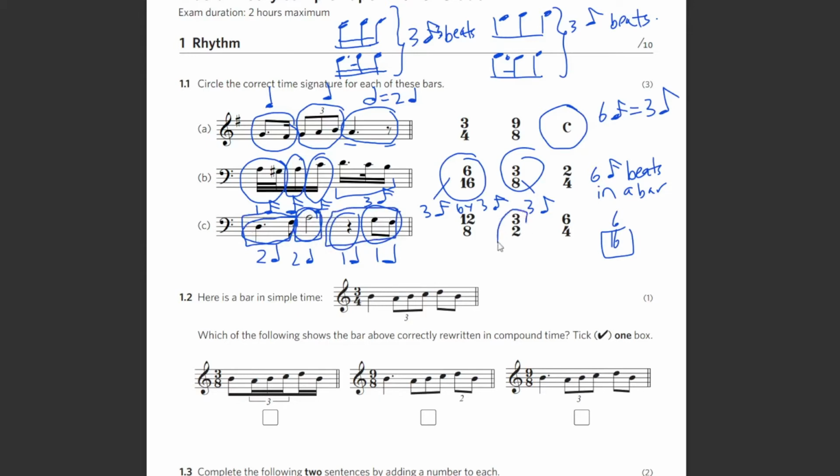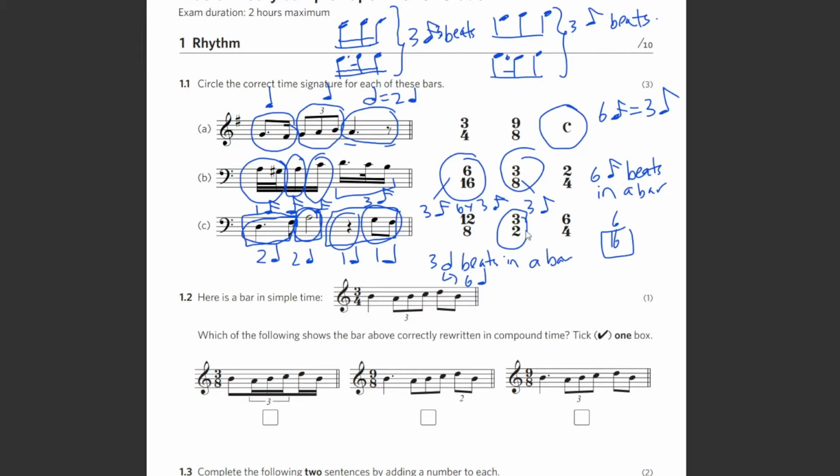So therefore, the time signature here is 3/2. If you take a look at this, this is 3/2 time. 3/2 time means 3 minim beats in a bar, and 3 minims equal 6 crotchets. So you might be wondering, why is it not 6/4 time? Very similar to part B, this has something to do with the grouping.